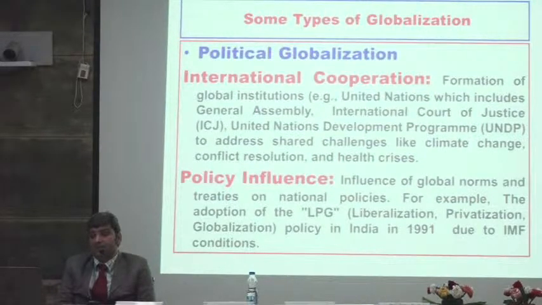Your current policies, as per IMF observation, were not suitable. So they provided funding, but also some policies so that India could grow faster. So this was the influence of the international organization. That is also an example of rising globalization. So we are living in a global world.